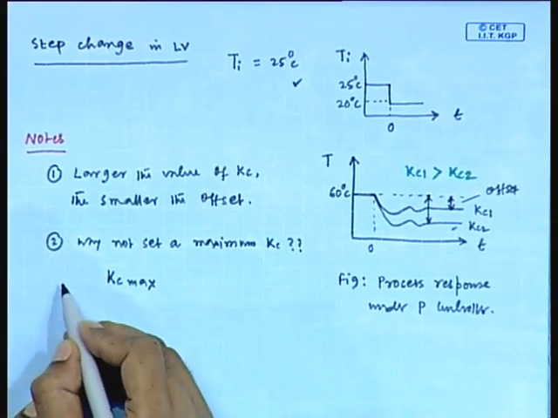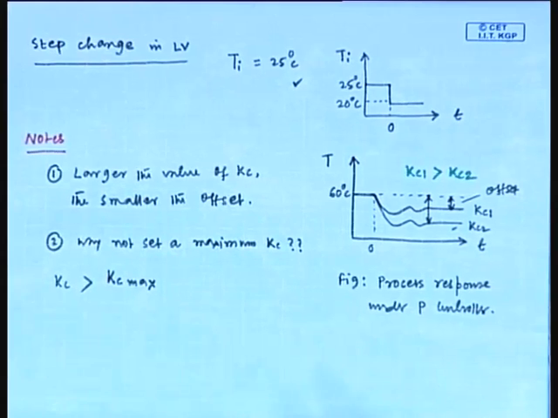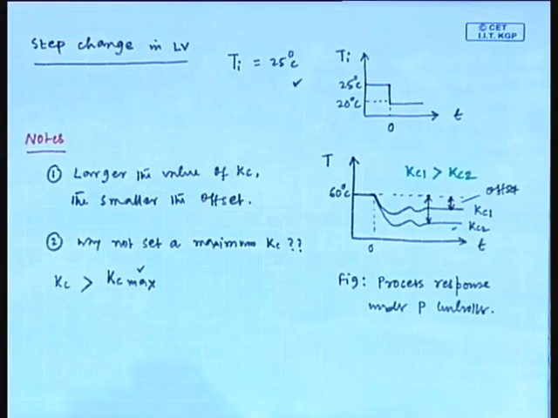If we consider Kc greater than Kc max, then the process goes unstable. There is a high probability of instability problem.